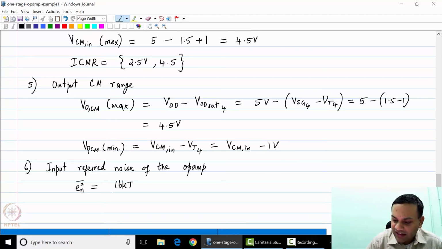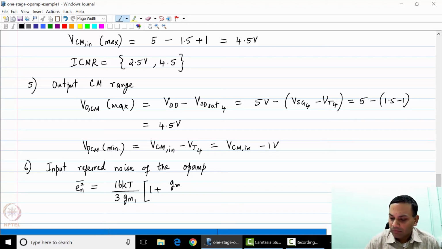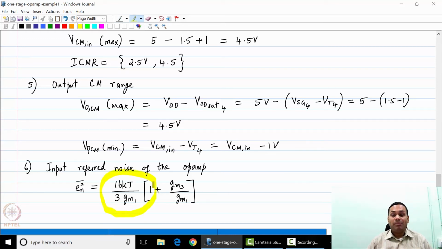So this is 16 kT by 3 GM1 into 1 plus GM3 by GM1. The first portion represents the noise of the input transistors referred back to the input of the op-amp.